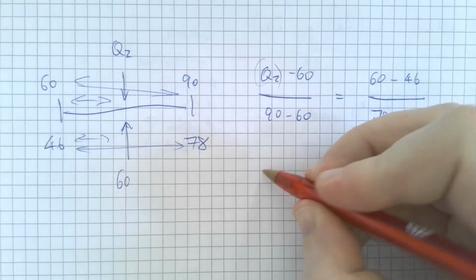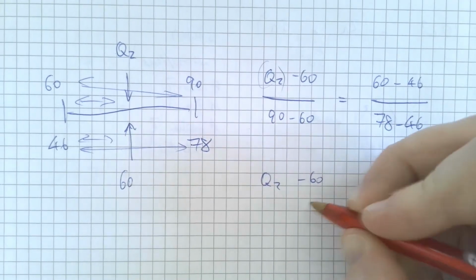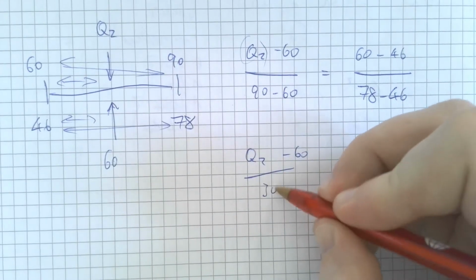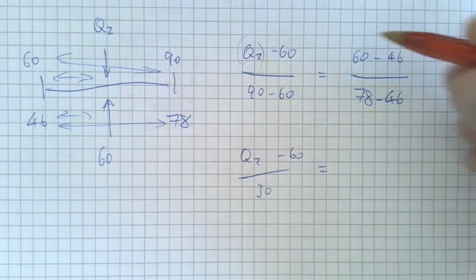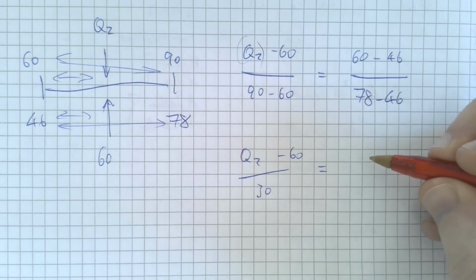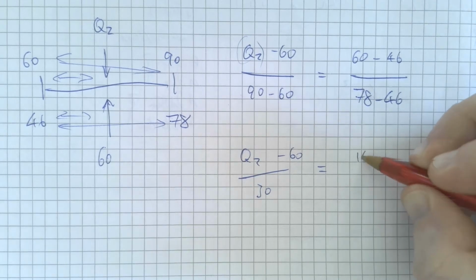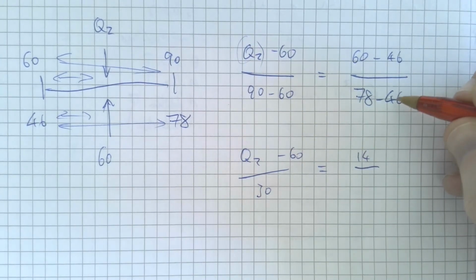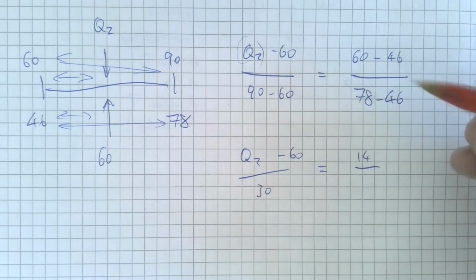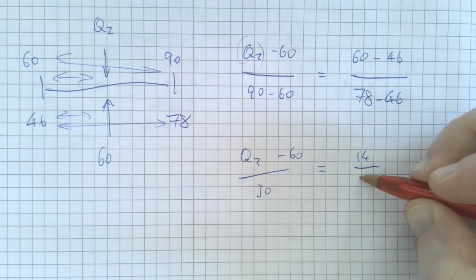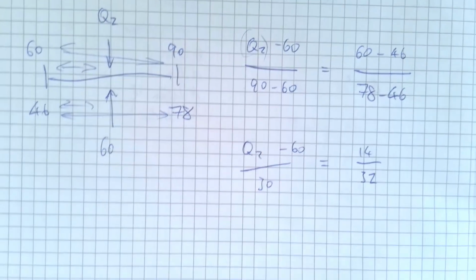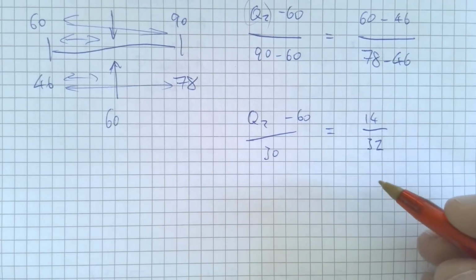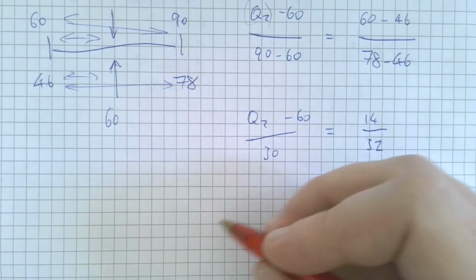So, let's do that. Q2 minus 60, and then 90 minus 60, that's 30. 60 minus 46, oh crumbs, that's 14. 78 minus 46, that's 32. Is that right? 32? Yeah. And then I'm going to times both sides by 30 and add 60 to both sides to get Q2 on its own.